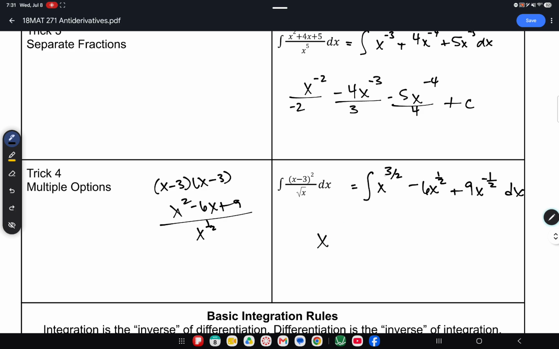And then I'll try and do some rules here again. So let's see. I want a derivative of x to 3 halves. So, let's see, 5 halves. And then I want to cancel out the constant to be 1, so I probably need to multiply that by 2/5. And then we have x to the 1/2. So I'd have 3 halves, and then I'd want to multiply by 2/3.